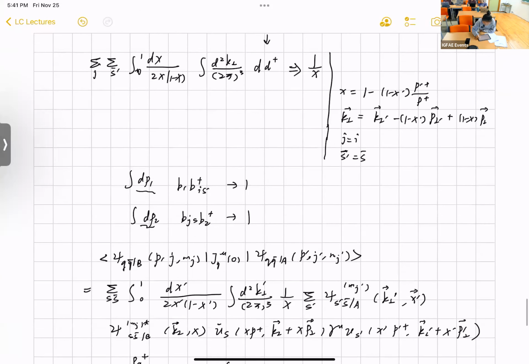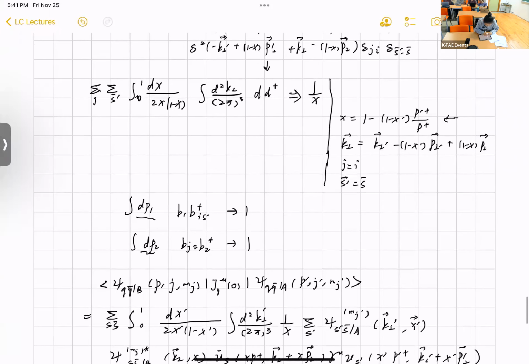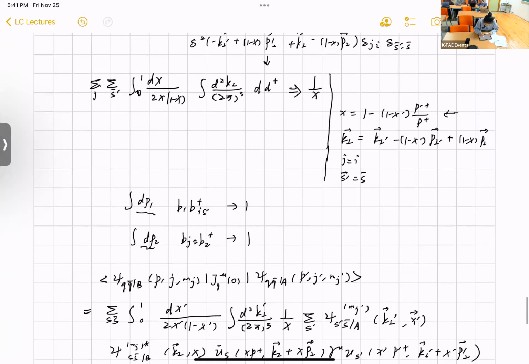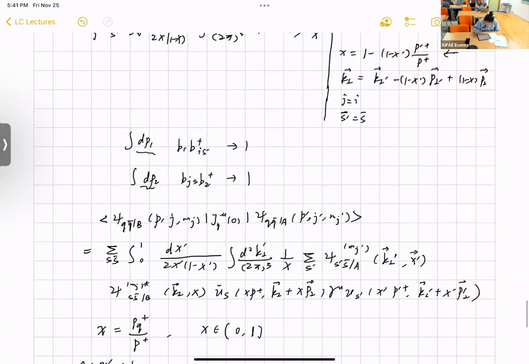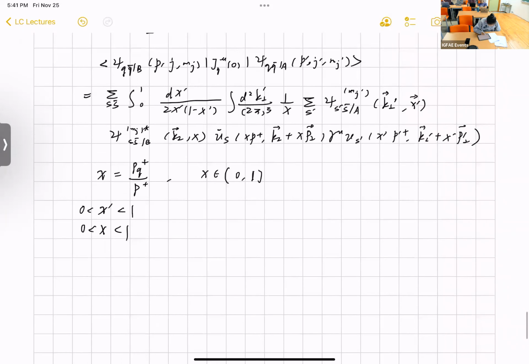From this delta function, when I integrate over x, it gives me a relation between x and x prime. So when I require both x and x prime larger than 0 and smaller than 1, you can check with this expression explicitly that x prime should be larger than 1 minus P plus over P plus prime.